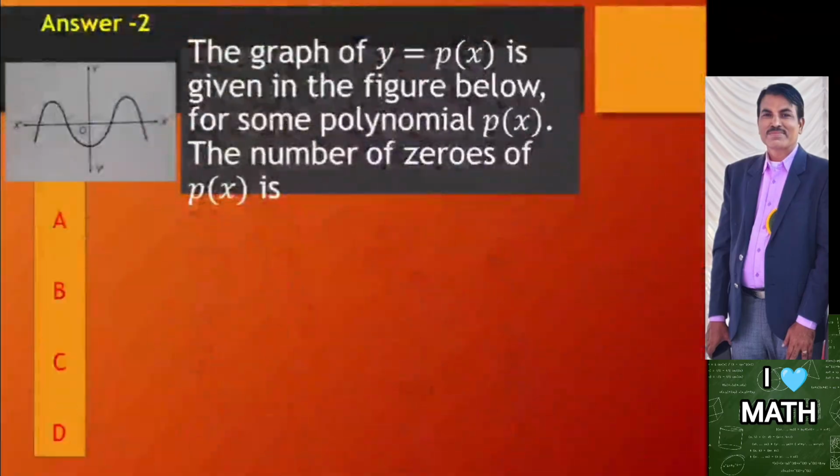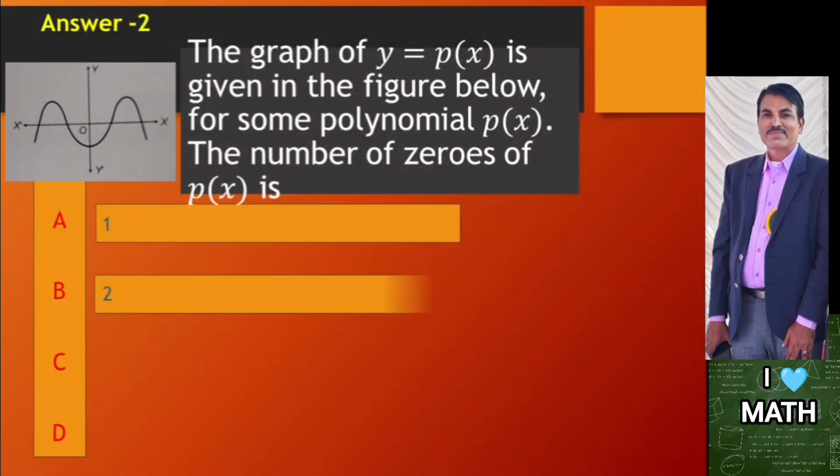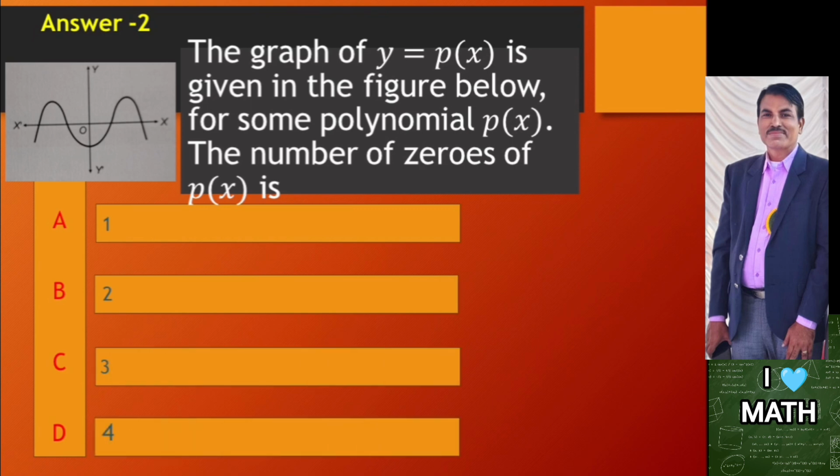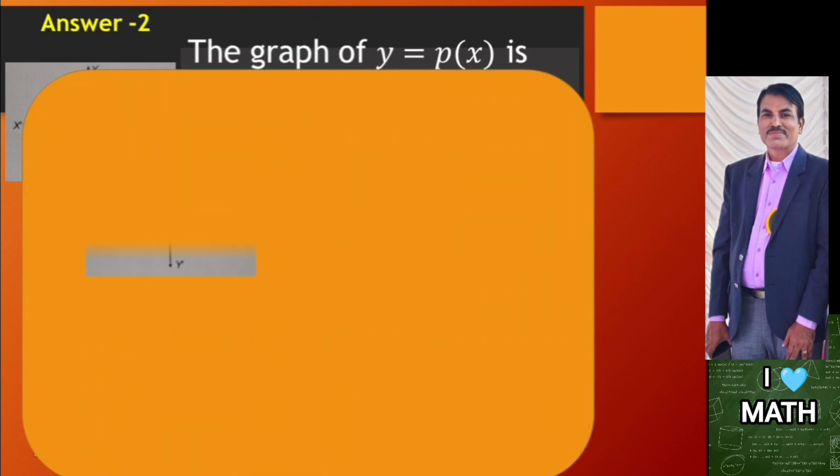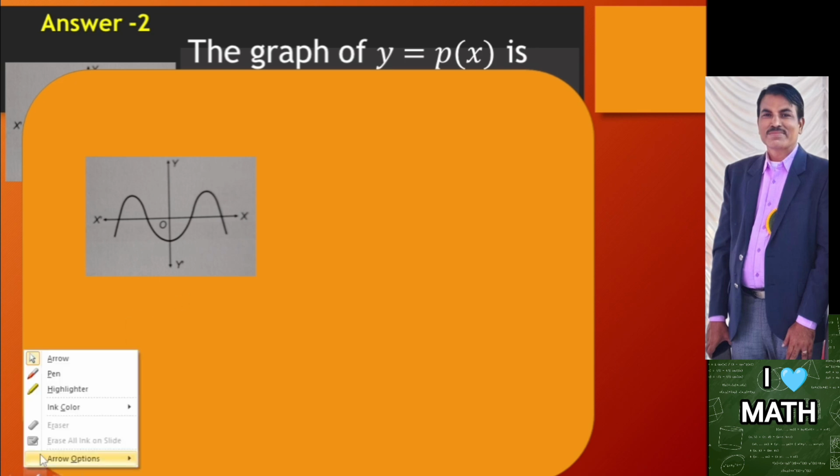We had a graph and we need to find number of zeros. When we find the graph, what we have to notice is we have to identify in how many points the graph cuts the x-axis.